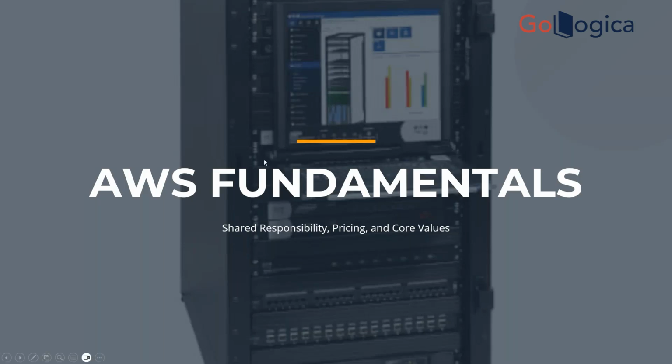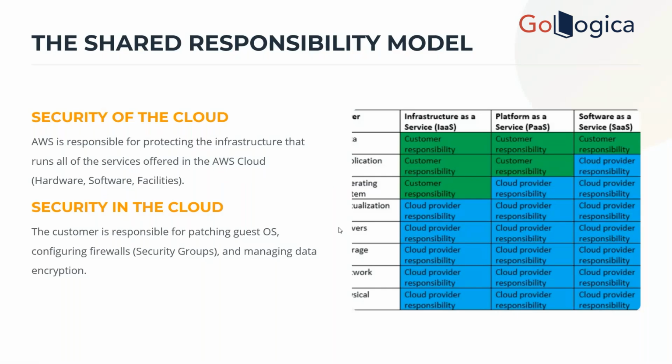Good to know. So then getting into AWS fundamentals: shared responsibility, pricing, and core values. When we talk about the shared responsibility model, it shows who is managing what. Security of the cloud is the responsibility of the cloud service provider.